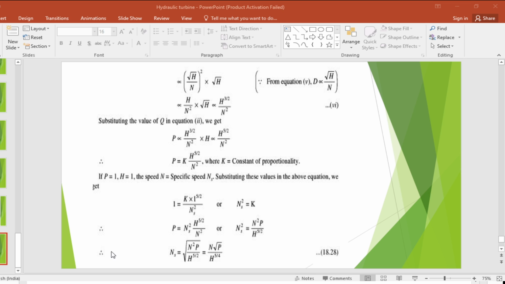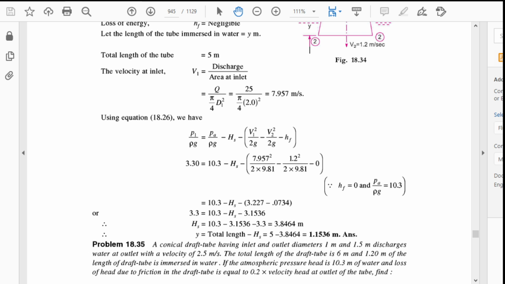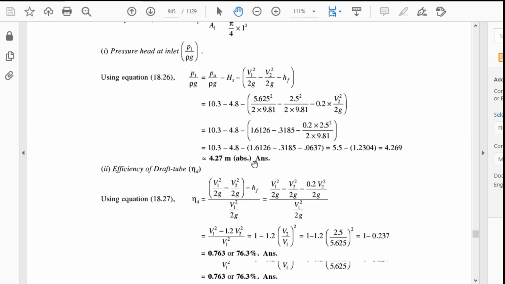So we move further to the numerical of specific speed.